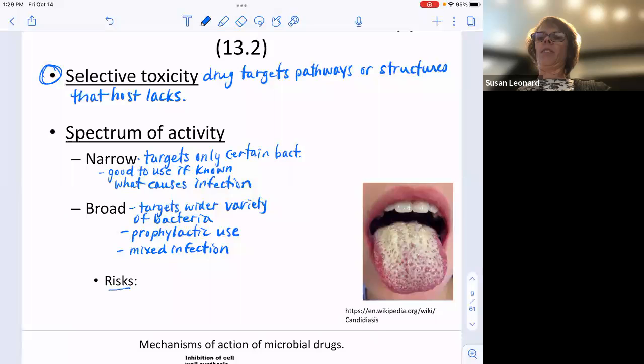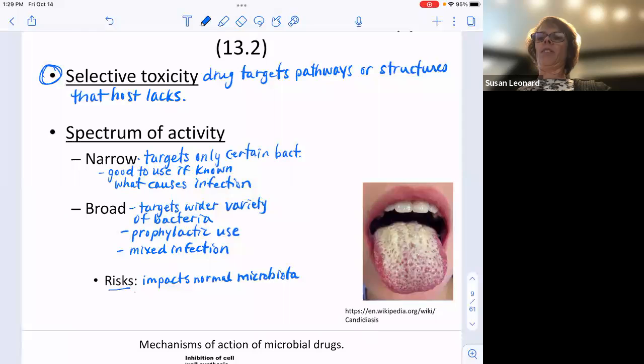We're going to talk much more about normal microbiota in the coming chapters, but when I say normal microbiota, I mean the normal bacteria that are just residents within our body that aren't doing us any harm. So it's going to impact our normal microbiota, especially when you take a broad spectrum antibiotic that's going to kill a lot of different kinds of bacteria.